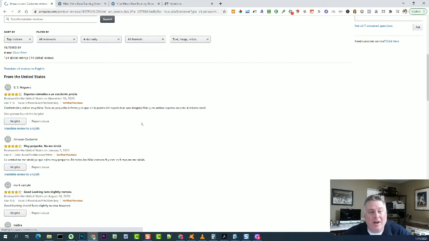And then again, when you find out the colors and sizes and models that sell well, then you can just go out and do some searches on Google or in your local stores and try to find those. And if the price makes sense, then you'll definitely want to go and get those.